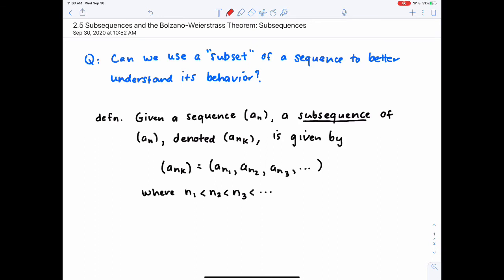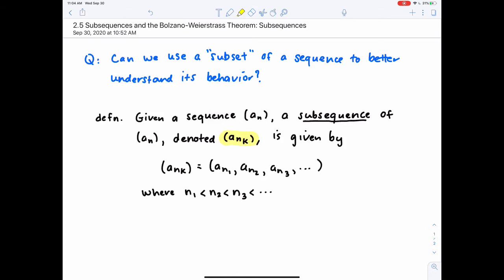Someone hands you a sequence a sub n, and then they're going to define a subsequence of a sub n, which we denote a_{n_k}. That's given by essentially taking the original sequence a_n and pulling terms from it in order, a_{n_1}, a_{n_2}, a_{n_3}, where n_1 is less than n_2, which is less than n_3, etc., and just defining a new sequence.